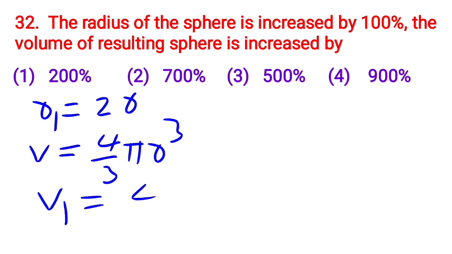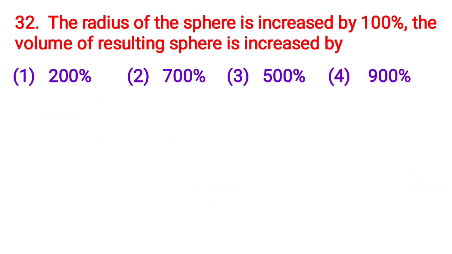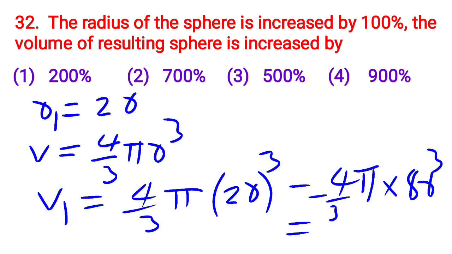V1 equals 4 by 3 pi into 2R cube, that is 8R cube. 4 by 3 pi R cube is the previous volume, so it is 8V.